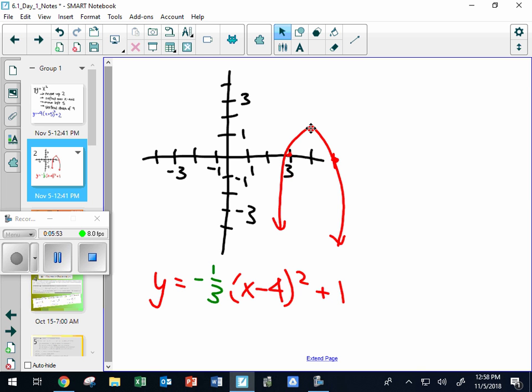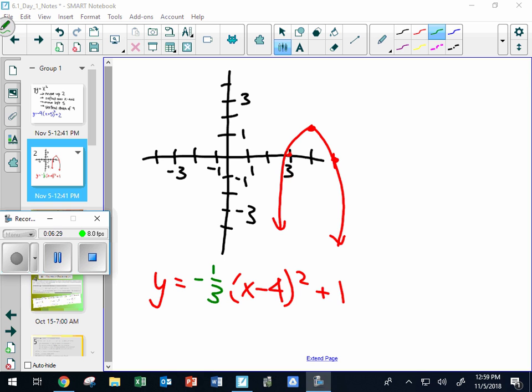Talk with the people around you. Would that make your graph thinner, thicker, wider? What would it make? Okay. Show of hands. Who thinks that it's going to get thinner? Who thinks it's going to get fatter? Okay. Most people are just like, I have no idea. Right? Let's go over it then.